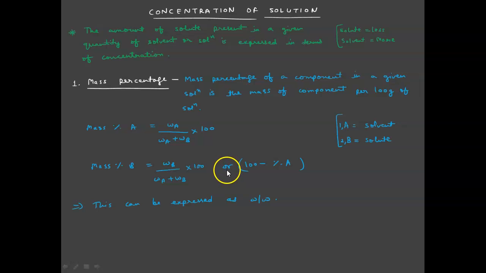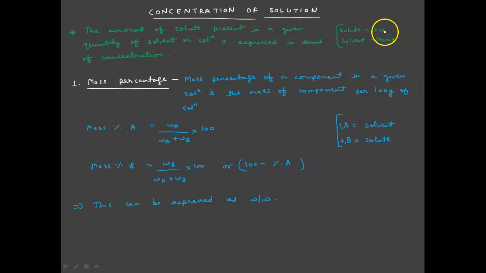The amount of solute present in a given quantity of solvent, or we can say solution, is expressed in terms of concentration. The concentration of solution is usually expressed in many ways, which we are going to study in this topic.